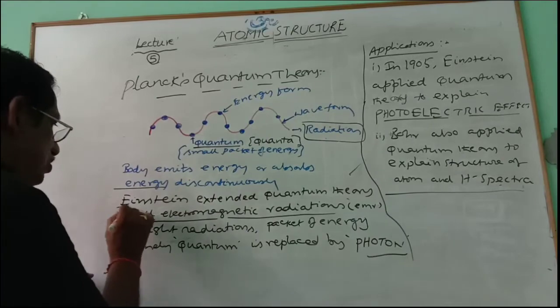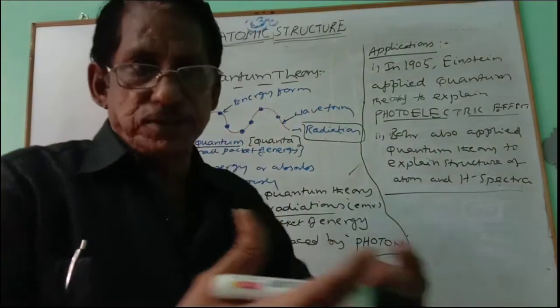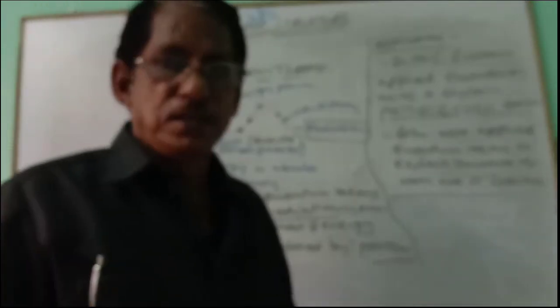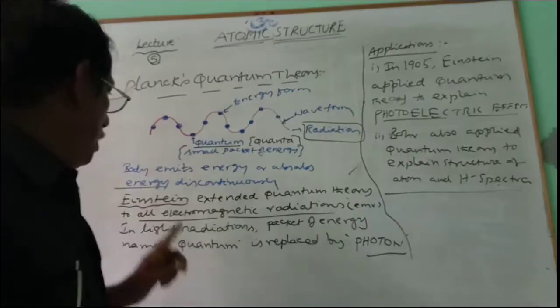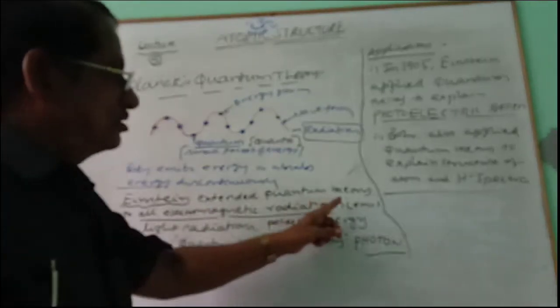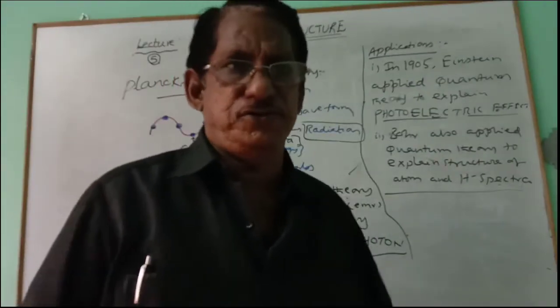Now, Einstein, great scientist, founder of E is equal to mc square, the main basic principle for the mass energy equivalence. Einstein extended this quantum theory also to all the electromagnetic radiations. All the light radiations are electromagnetic radiations.